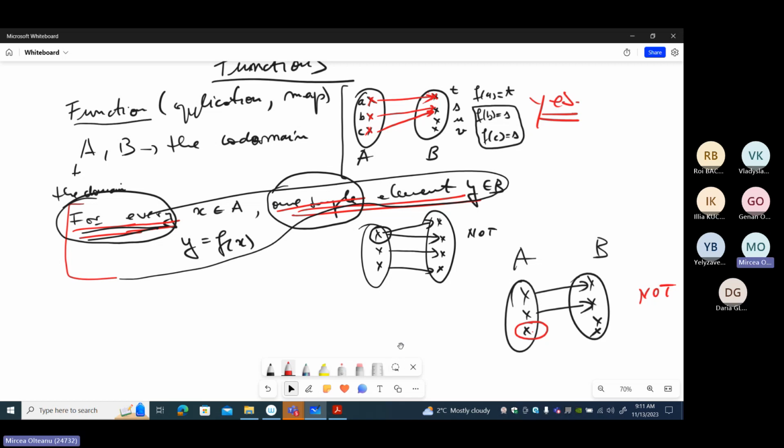I don't want to go further with general questions about functions. We shall have such a lesson later on, but now I want to start with some basic functions in mathematics, mainly in algebra. Yes, okay.